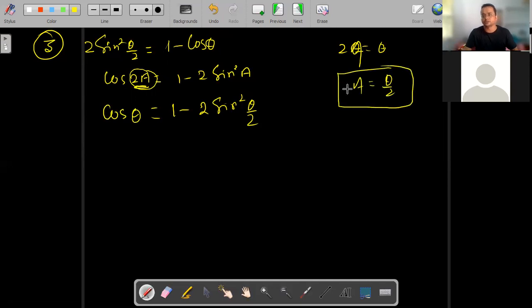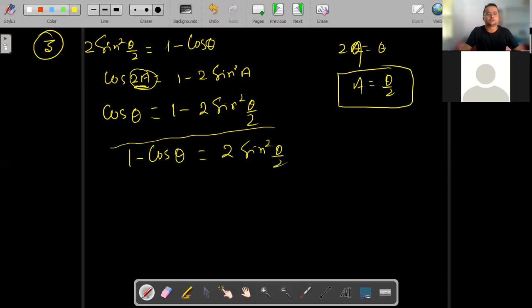So cos theta is equal to 1 minus 2 sine square theta by 2. So you can also write 1 minus cos theta is equal to 2 sine square theta by 2. Getting my point, everyone?